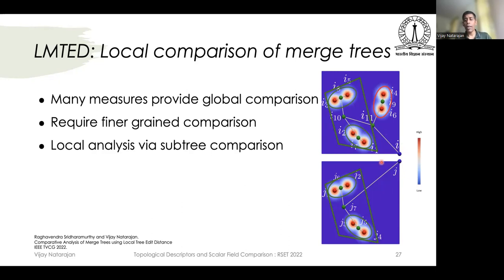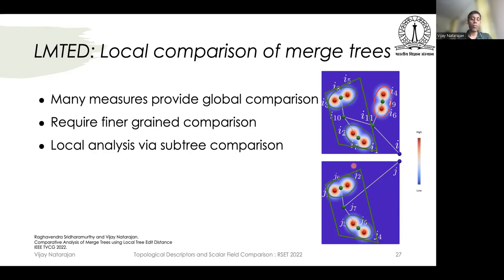We notice that globally the two trees are different, right? But if you look at a local analysis, this subtree is similar to this subtree, and likewise. And in fact, this entire subtree of T1 is similar to this subtree of T2. So two trees may be globally different, but they may share a lot of similarities.